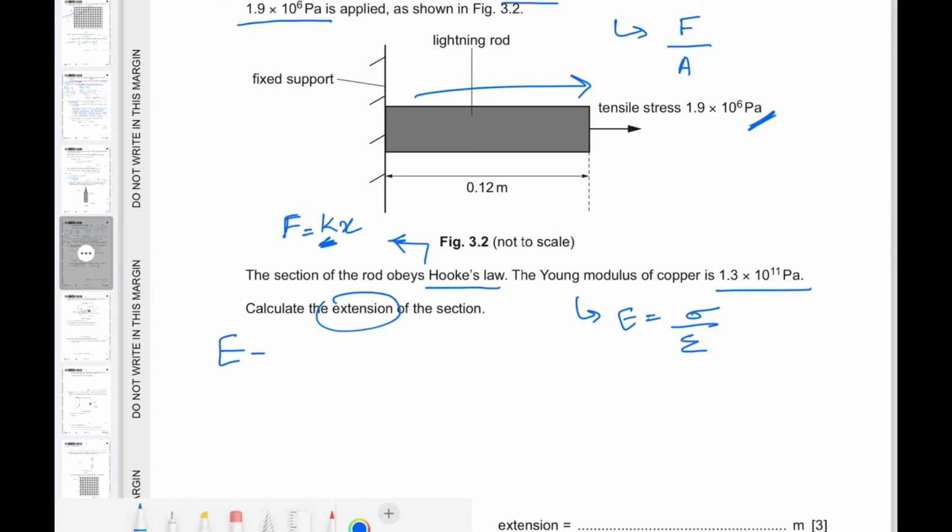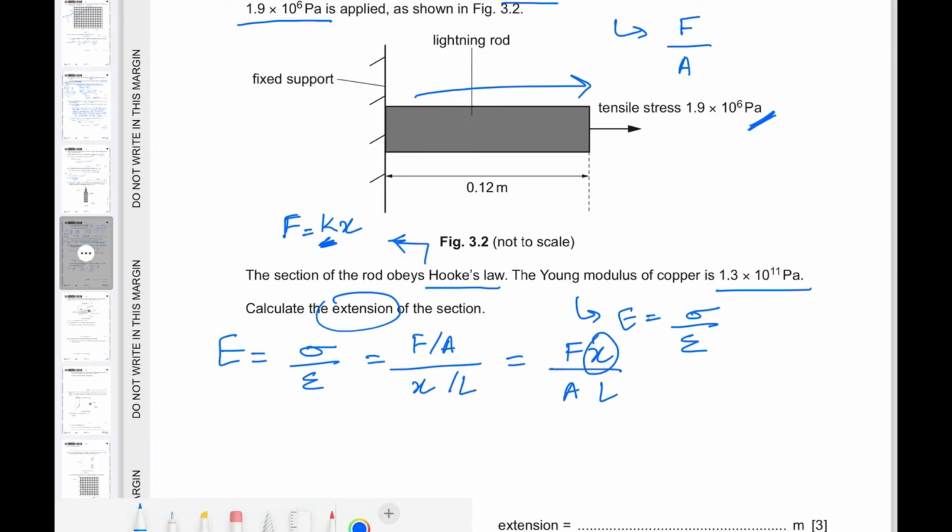However, we can use the Young modulus, since stress is equal to force divided by area and strain is equal to extension divided by original length. This can also be written as a fraction as force divided by area multiplied by length divided by extension. Right, and we are supposed to find the extension.